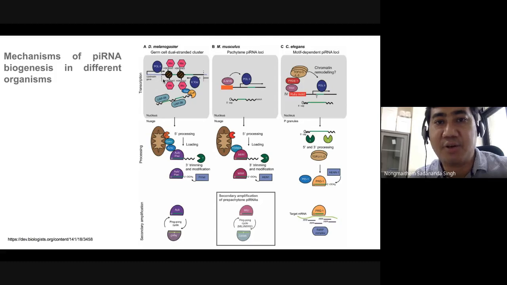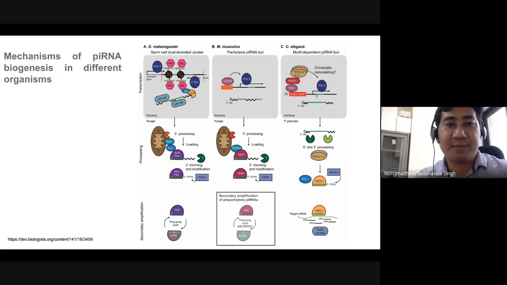In a bidirectional or dual-strand cluster, it forms a double-stranded RNA that is transported out of the nucleus and processed by Dicer to give rise to the mature siRNA.